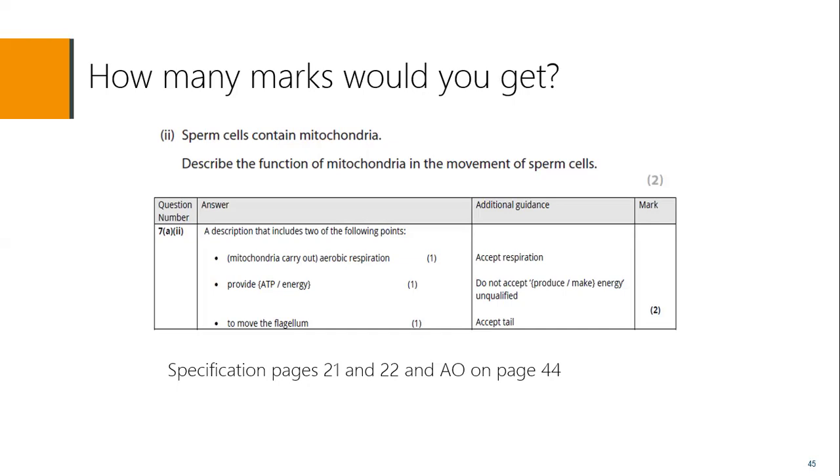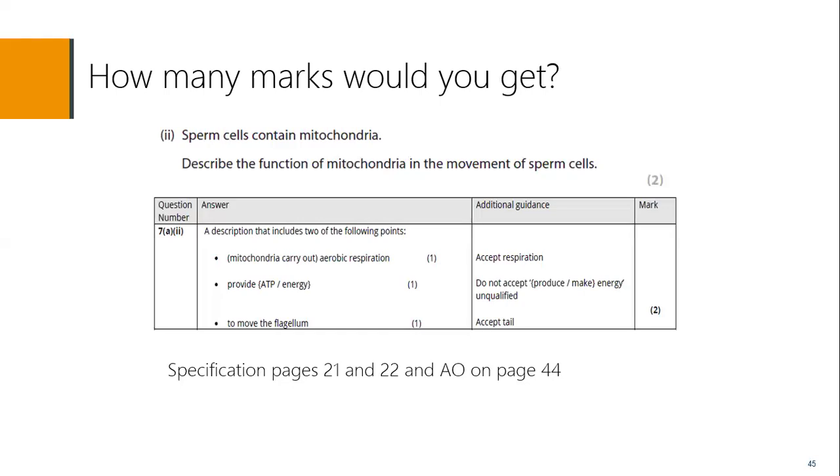Now, the answer column gives the preferred response. That's what we're really looking for. The additional guidance column helps examiners interpret the answers candidates actually produce. So in this case, we could accept respiration rather than aerobic respiration, but we would not accept anaerobic respiration because that is wrong.